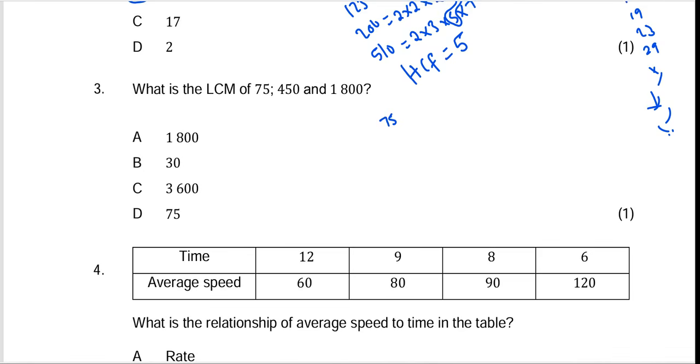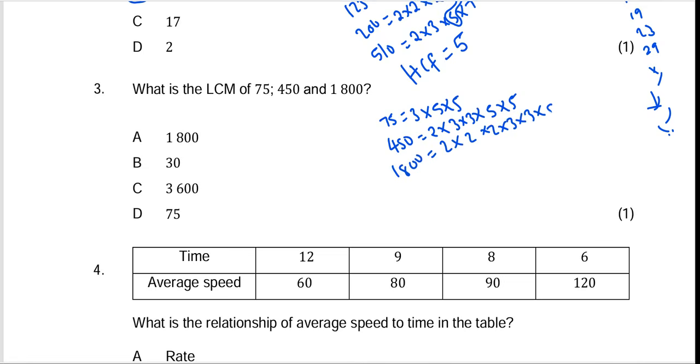So 75 is going to be 3 times 5 times 5. For 450, it's going to be 2 times 3 times 3 times 5 times 5. For 1800, it's going to be 2 times 2 times 2 times 3 times 3 times 5 times 5.